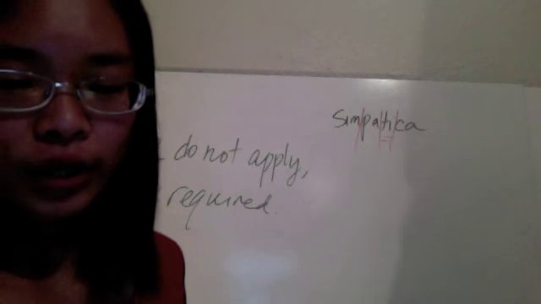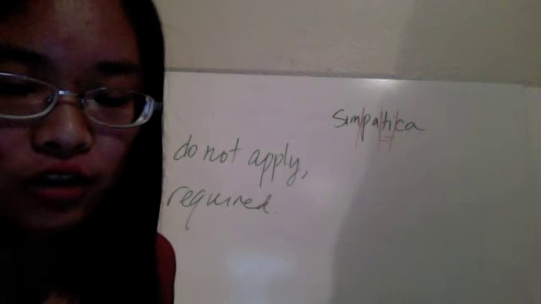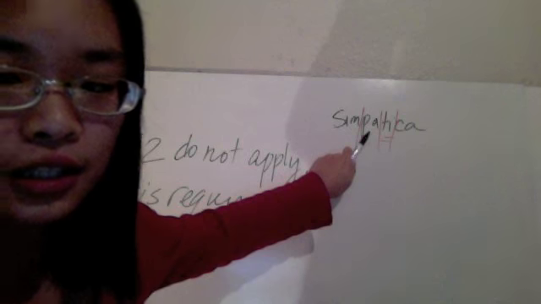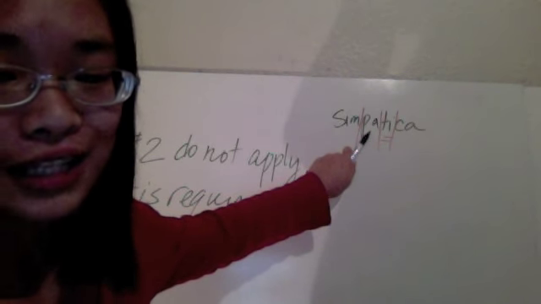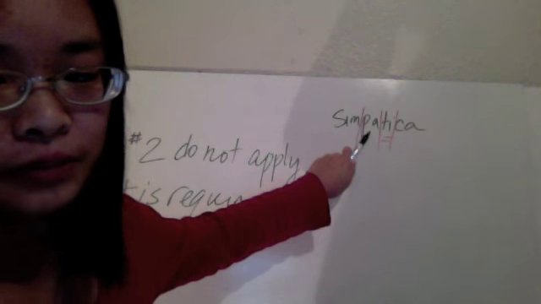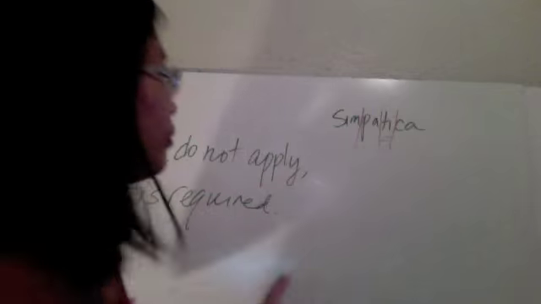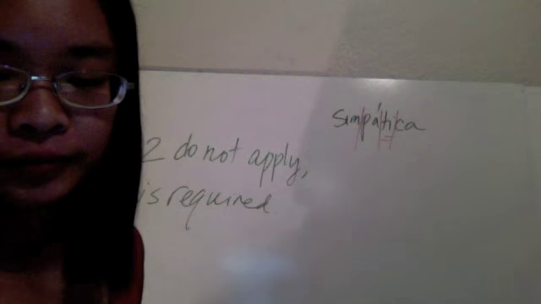However, in reality, we pronounce it as simpática. The accent actually falls on this A right here, which means this word does not follow rule number 1. That's when we need to place an accent mark. Simpática.